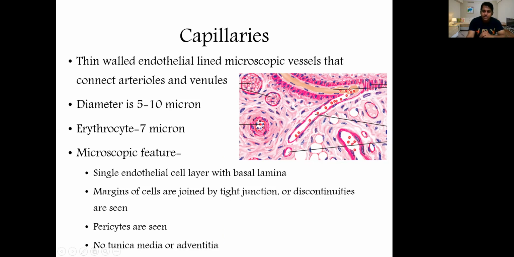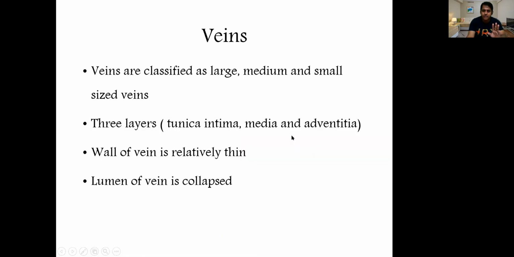And the pericytes will be seen surrounding them. The important feature is that they do not have tunica media or adventitia like the other blood vessels. They have only a single endothelial lining which rests on the basement membrane. That's it.